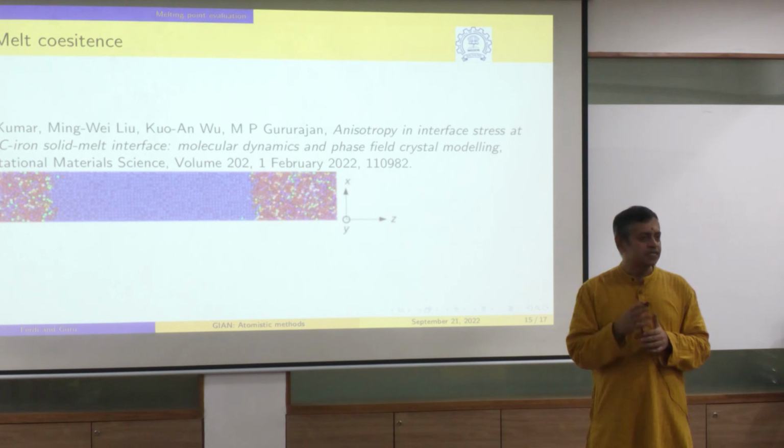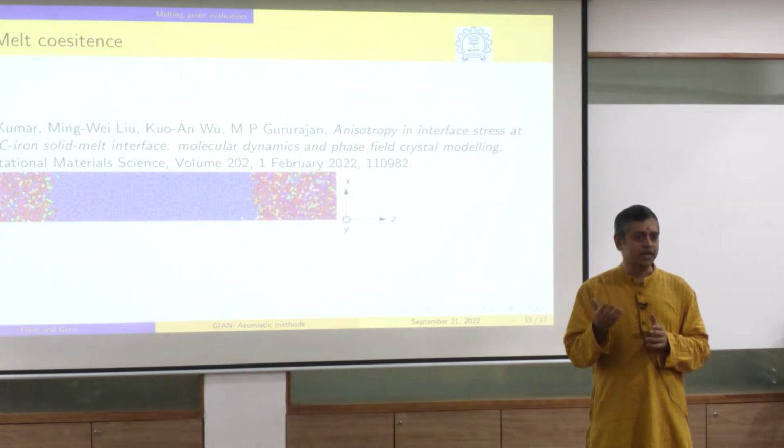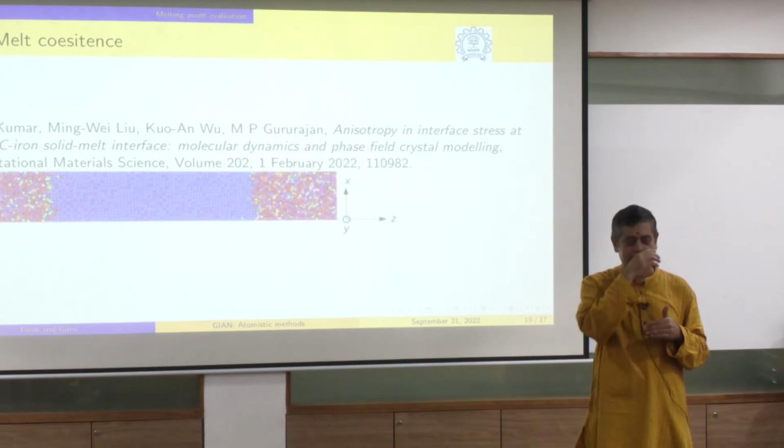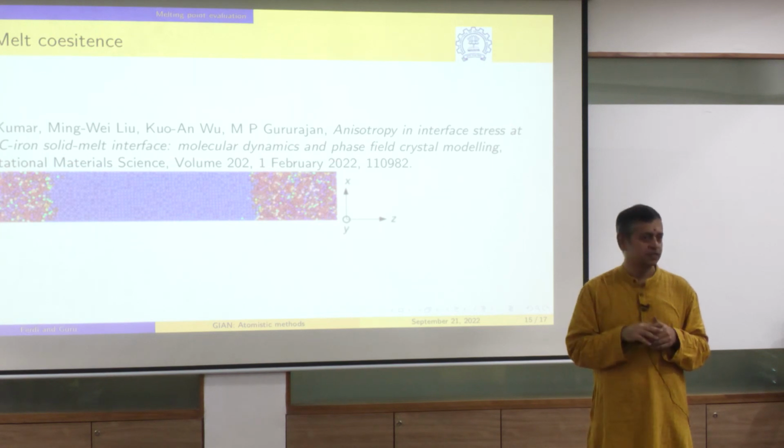In general, it is always easier to take a molten system and keep it as a molten system below the freezing temperature than to take a solid and heat it above the melting temperature and keep it as a solid.